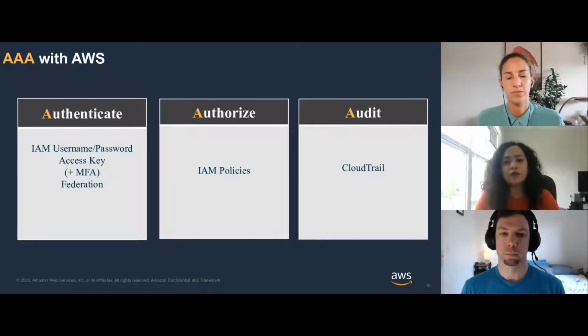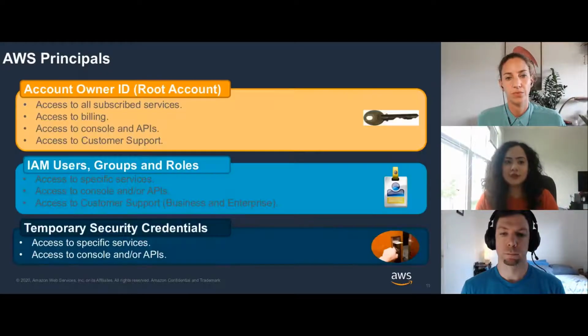And with audit, CloudTrail is one of the services you can use to log access to all of the different services and components within the AWS platform, so there is a secure place where all the audit logs and access logs are stored, and you can utilize those logs for auditing purposes in the future. So what you get in the security portfolio with AWS is AAA.